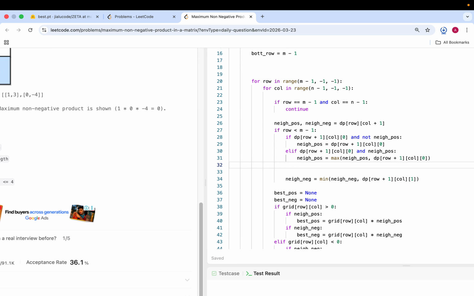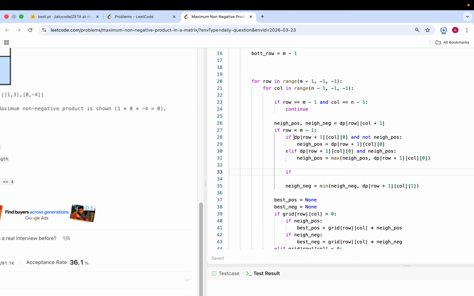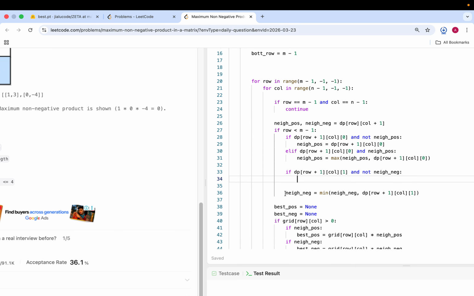And then similarly, if the bottom is good and not neighbor negative, there was no neighbor negative from the right neighbor, then neighbor negative, wow, the rain is crazy, neighbor negative is equal to this.